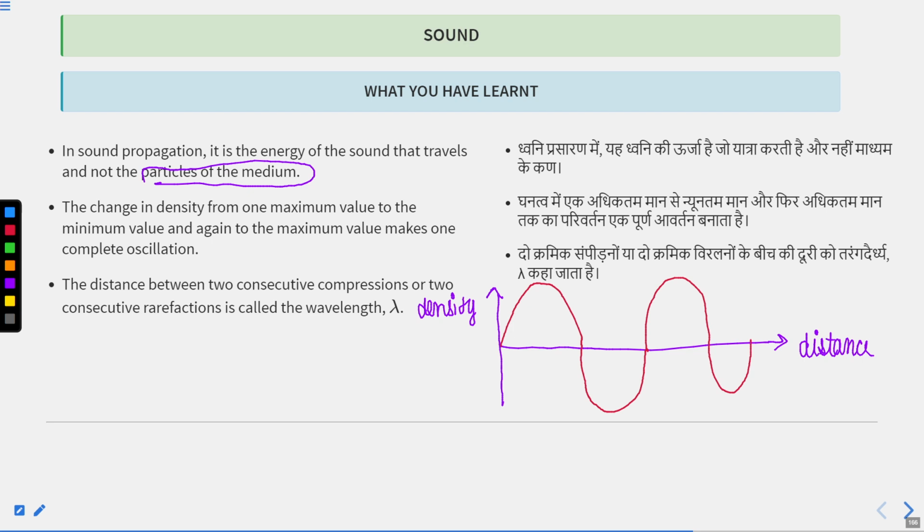When a sound wave goes from 0 to reach maximum, then reaches minimum and again becomes 0, this part is called one oscillation.